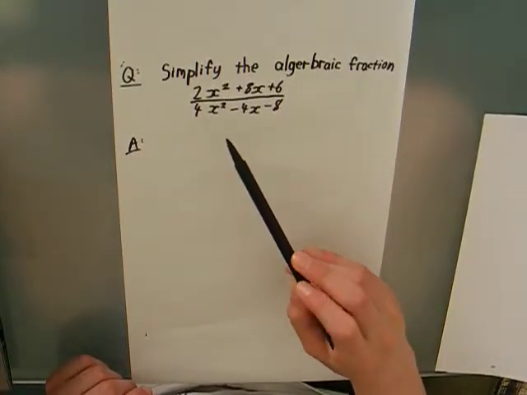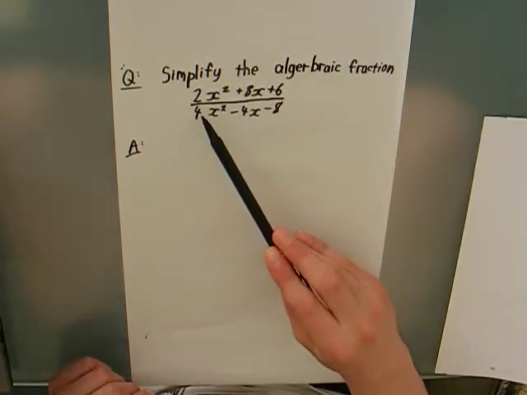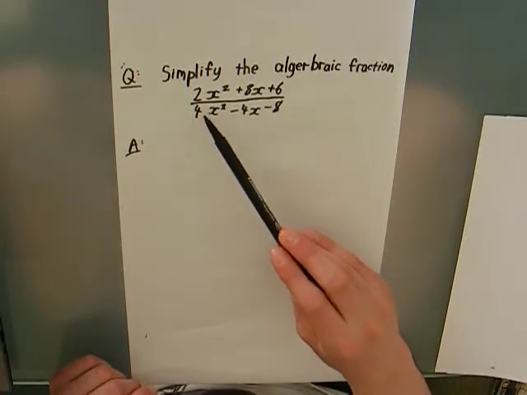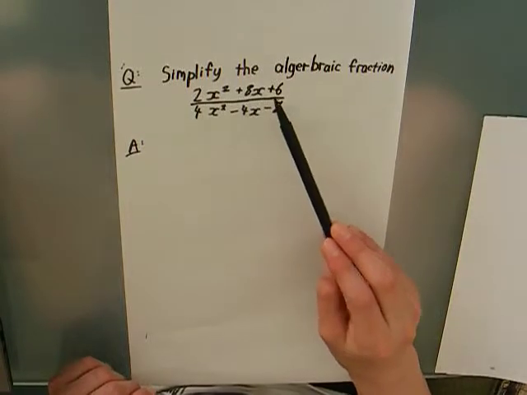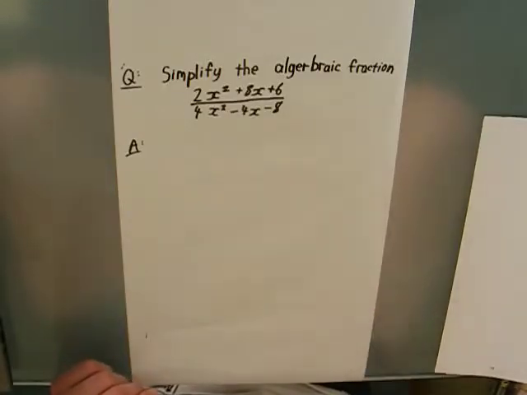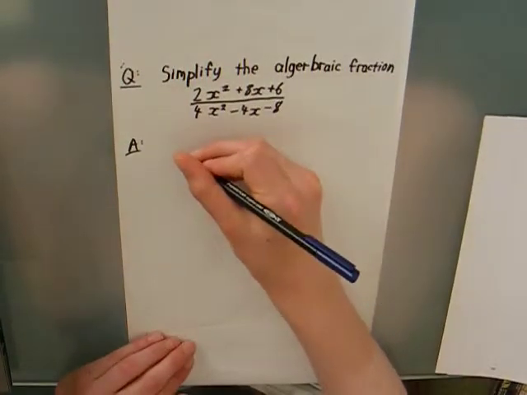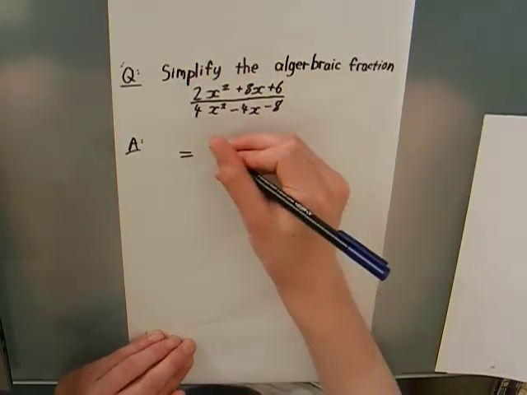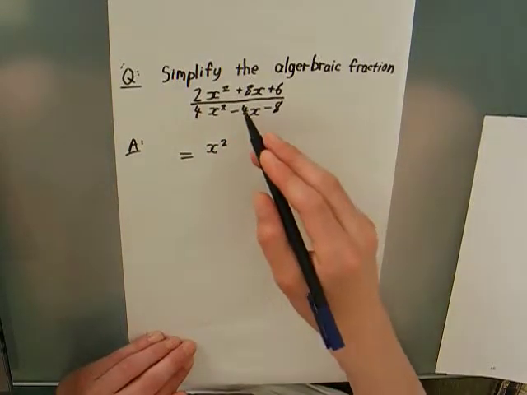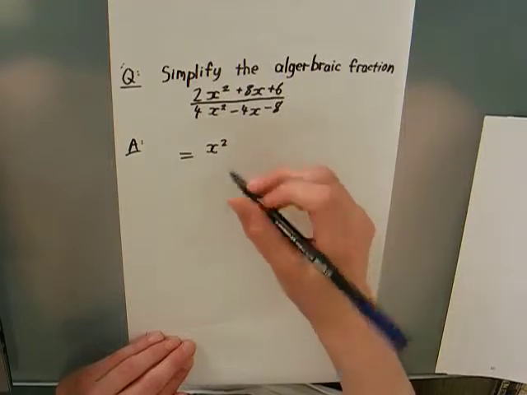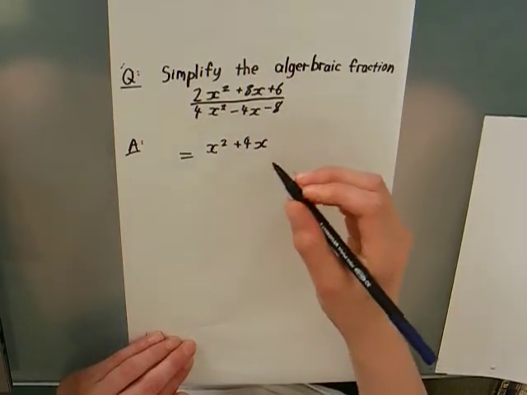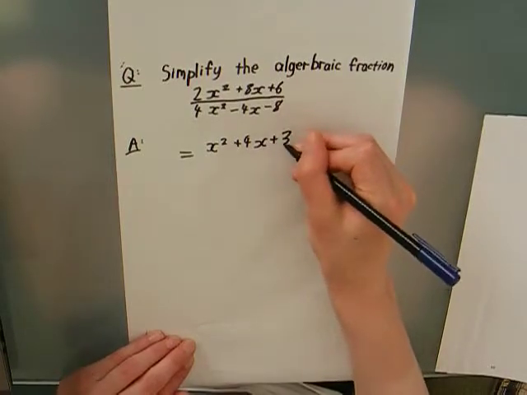As you might be able to see here, the obvious one is that both the numerator and denominator are divisible by 2, so all the coefficients of these terms are divisible by 2, and the constant terms are divisible by 2. So I divide the numerator and denominator by 2, this gives me that statement. 2 over 2 is 1, so it's just x squared, 8 over 2 is 4, so it's plus 4x, and 6 over 2 is just 3, so it's plus 3.